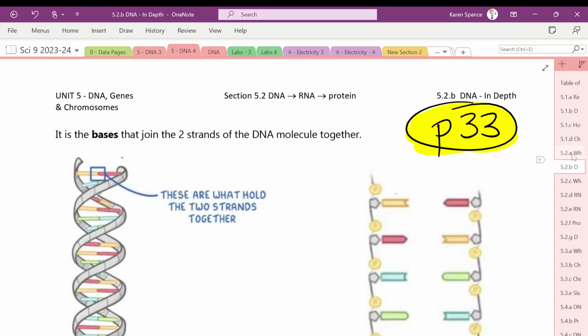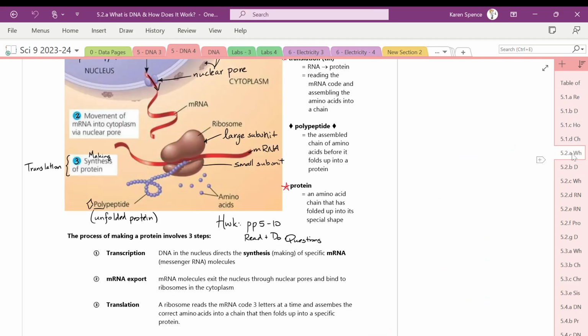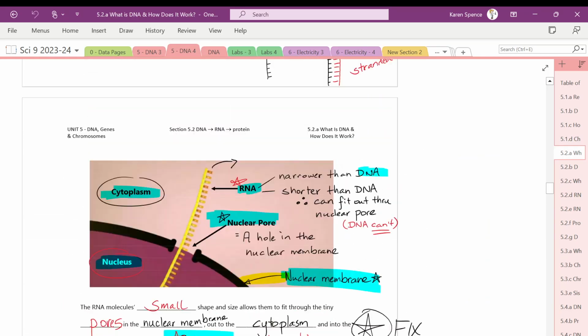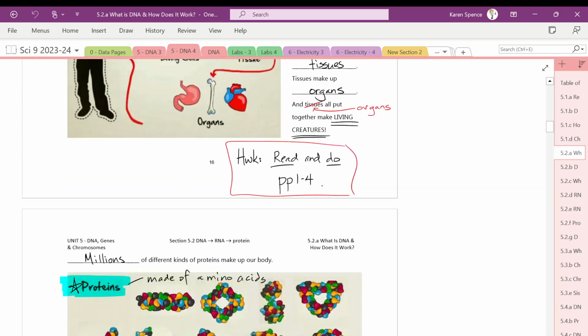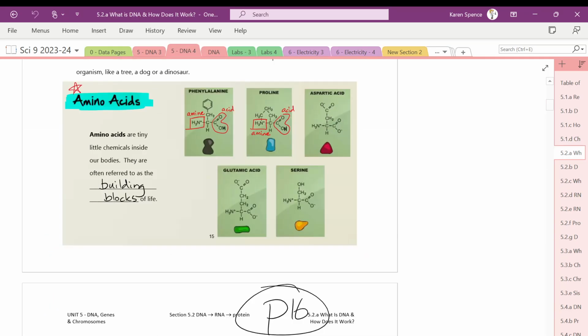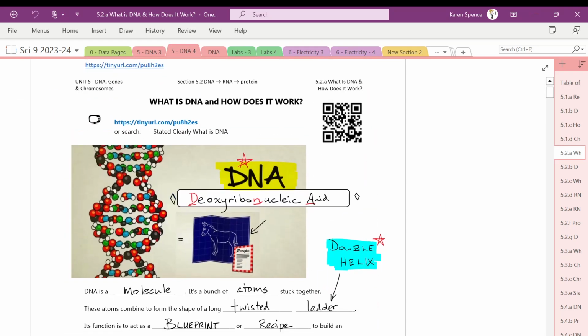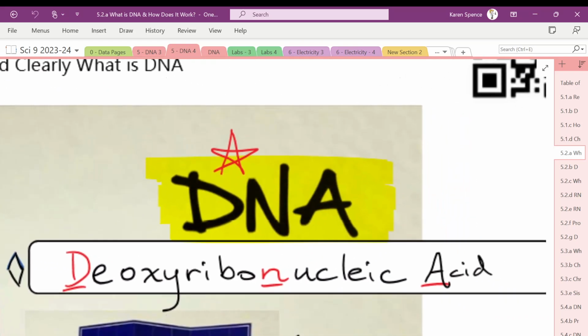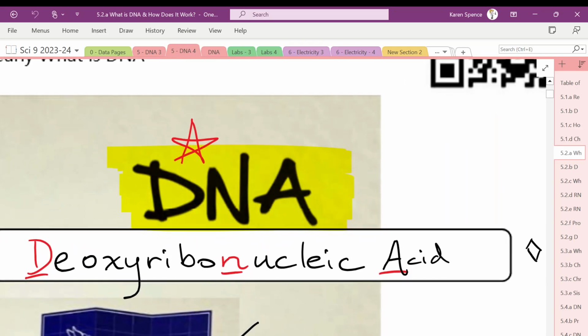I'm just going to pop over to 5.2a, because anytime we have put a star beside a word, so if you're flipping through your book and you see a star beside a word, that means you should be collecting it and adding it to your list.